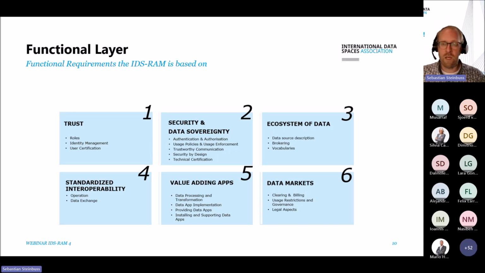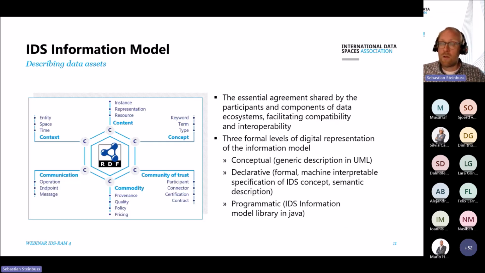So what are the drivers for the reference architecture model? I mentioned briefly before that we have this notion of a data product, or data as a tradable asset. This is part of the IDS information model, the IDS information layer. And this is structured based on this 6C hexagon. So this was a funny exercise when we started with that.